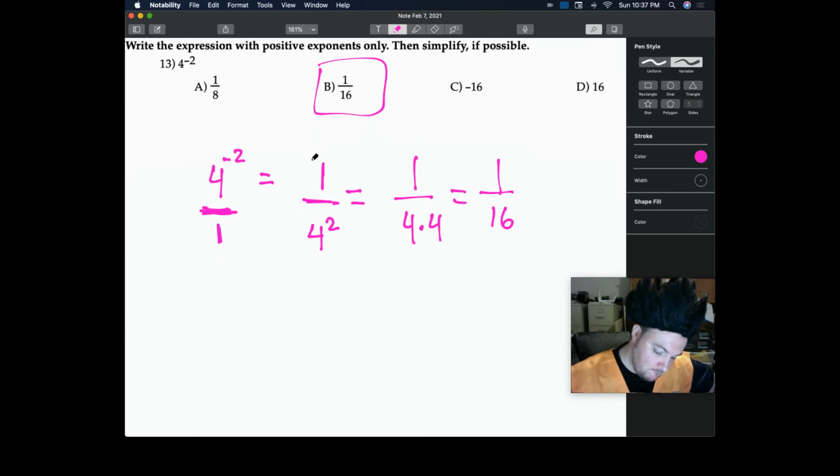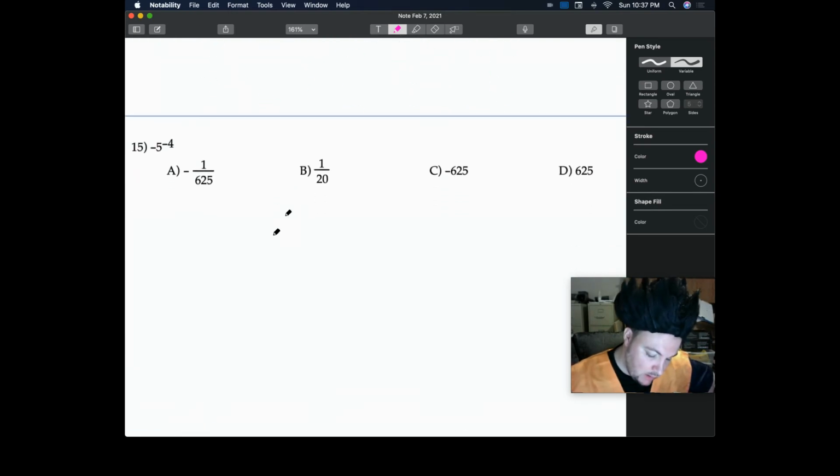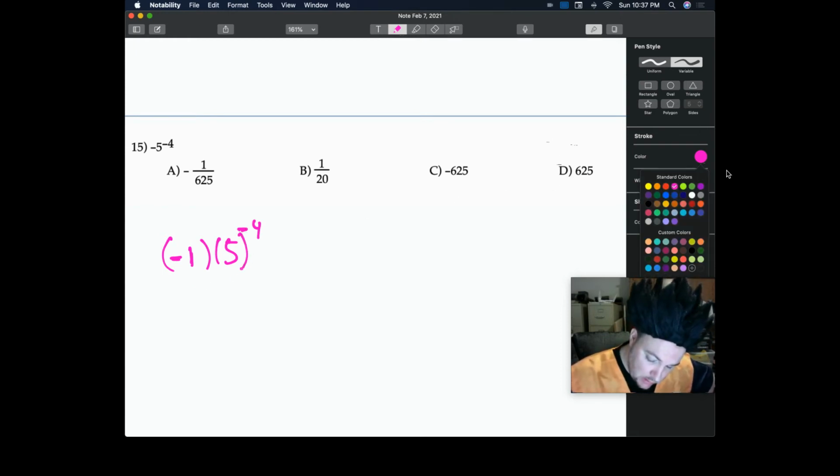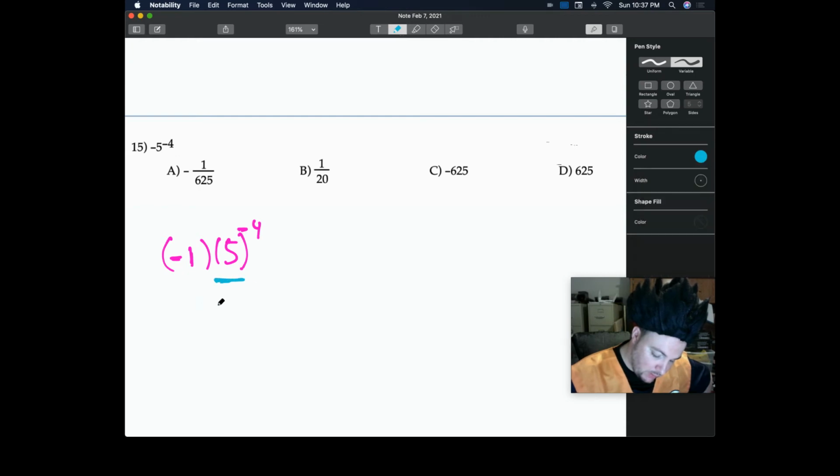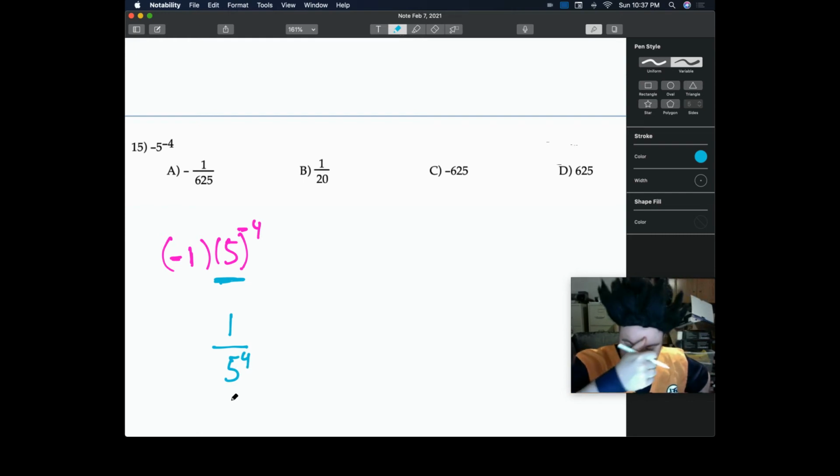Okay, let's go on. So what are we going to do here? So remember, this is not in parentheses, so this really means negative 1 times 5 to the negative 4. And again, we're still going to follow PEMDAS, which means we're going to start with this guy right here. And this is going to become 1 over 5 to the 4th, right? We say when the exponent is negative, we flip it to the bottom or put it in the denominator.